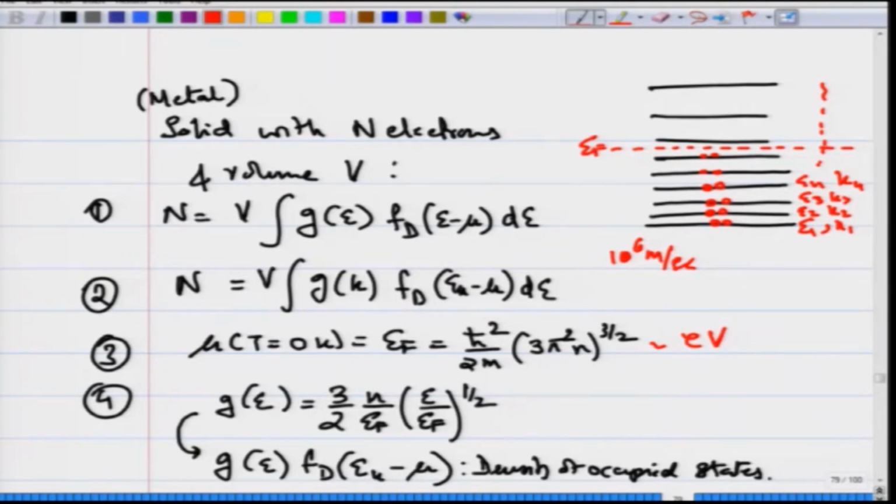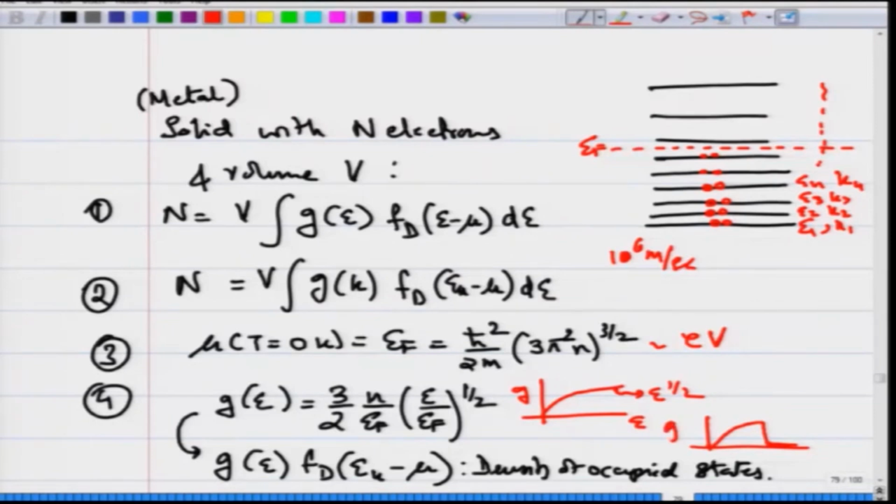We have looked at all of this. Because of this distribution, with the electrons occupying different states, we have the concept of density of states, namely how many states are available per unit interval of energy per unit volume at a given energy E, and we showed that the density of states goes as E raised to half. There is a related concept: out of these states, how many are occupied. You multiply by the Fermi-Dirac distribution and you get the density of occupied states, which at 0 temperature will look something like this.